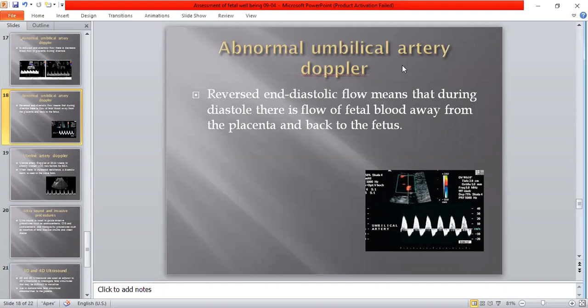This slide shows the reversed end diastolic flow. During systole, the blood flows forward, and during diastole, it comes below this line, and the blood flows backward. Reversed end diastolic flow means that during diastole there is a flow of fetal blood away from the placenta and back to the fetus.